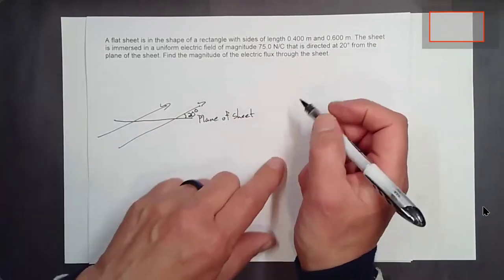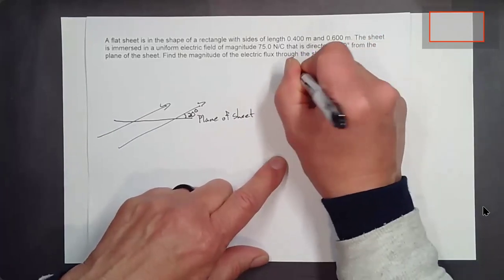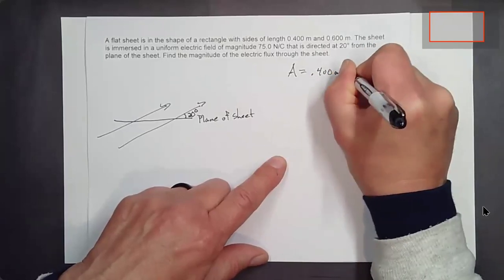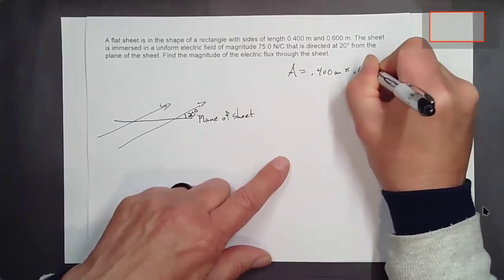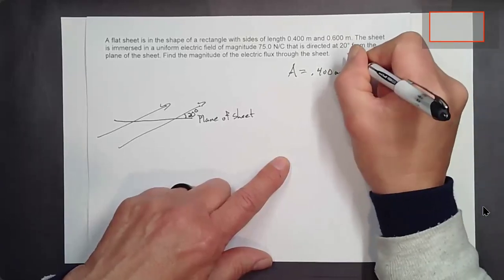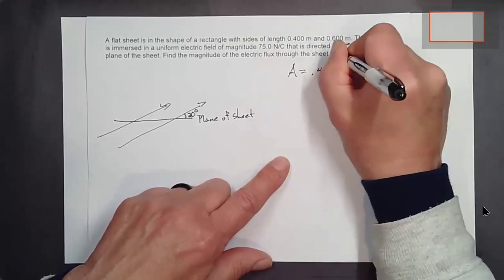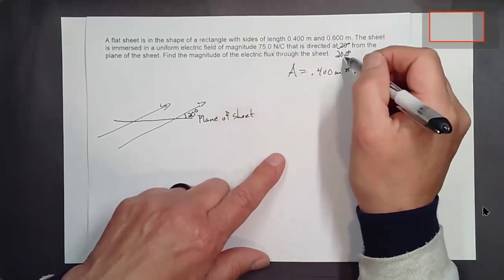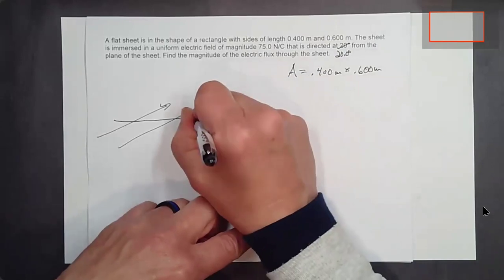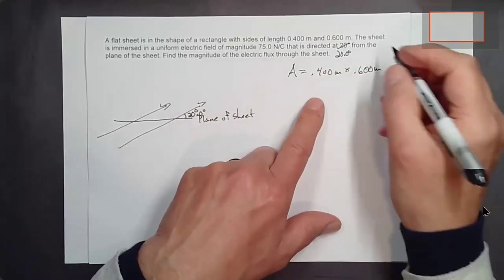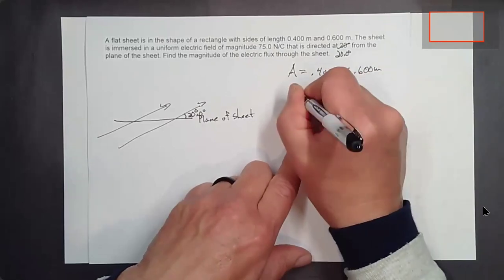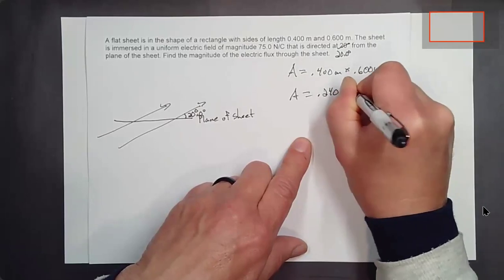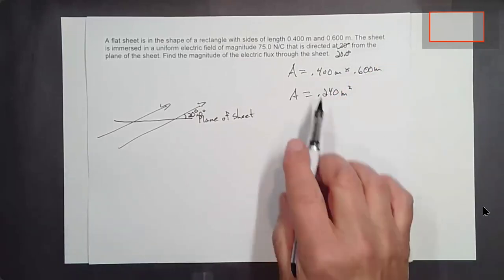Well, I can actually calculate the area of this thing pretty easily. 0.400 meters. I don't know why I've got 3 sig figs on those, but I do. I'm going to cross that out and write 20.0 degrees because I've got 3 sig figs on everything except that angle. All right, so this would be 0.240 meters squared is the area of that. See if you can do that in your head.